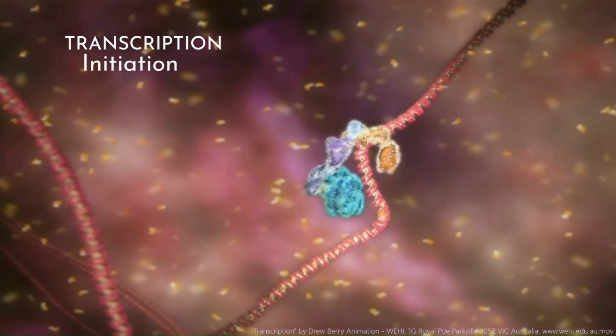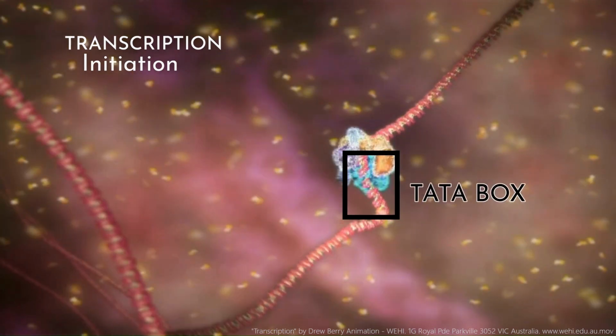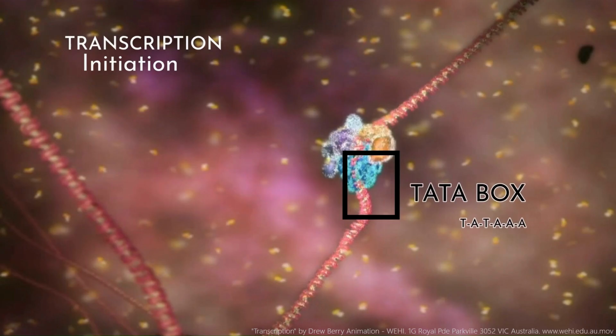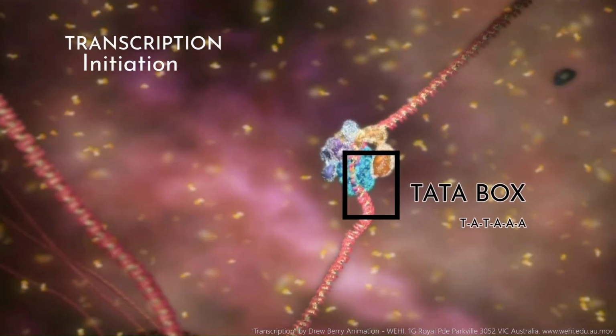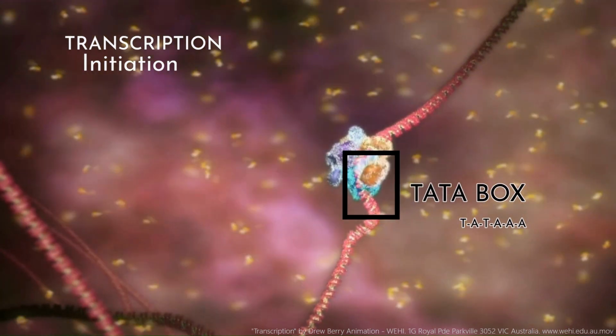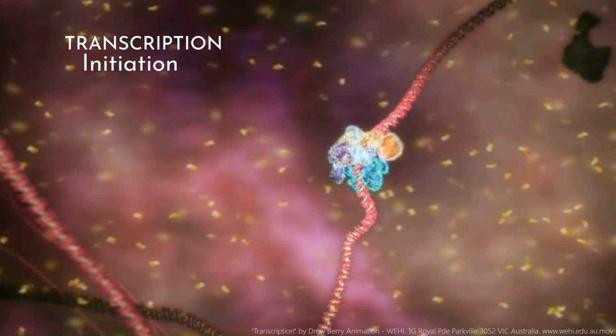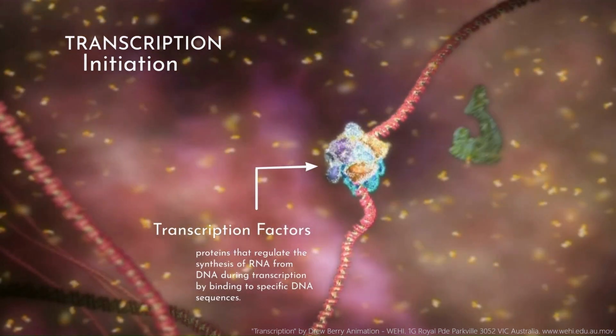In eukaryotes, promoters are a sequence of DNA that include a sequence called a TATA box, which reads TATAAA, right? Thymines and adenines, along the coding strand of DNA, and is easily recognized and bound to by transcription factors.